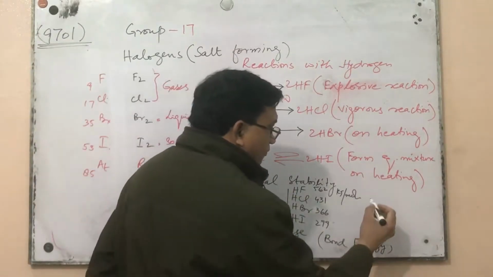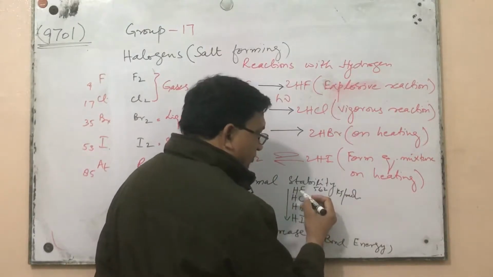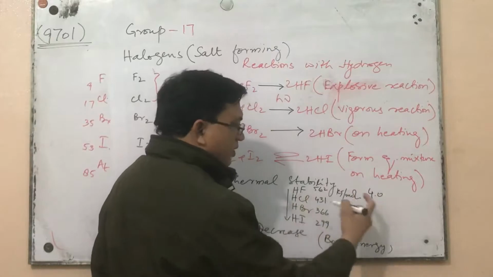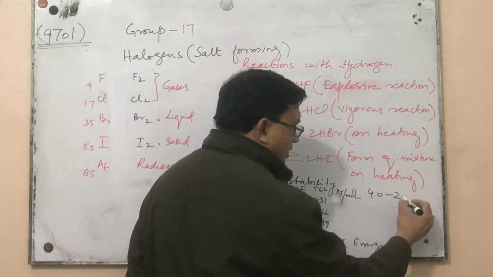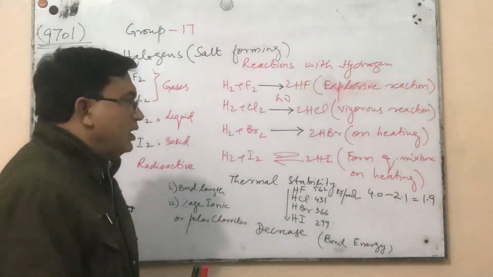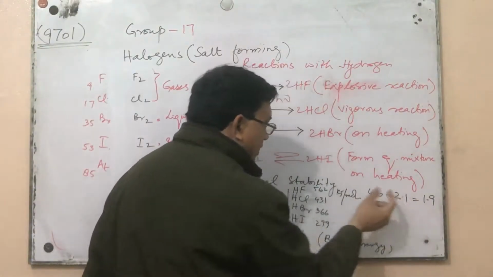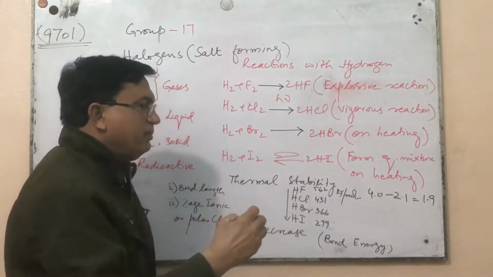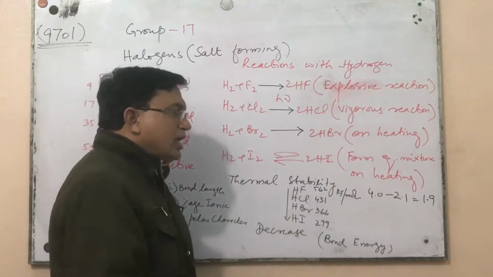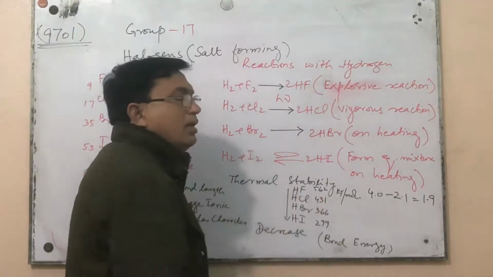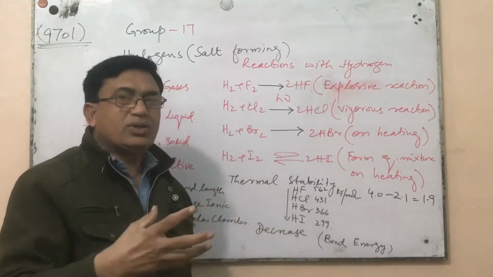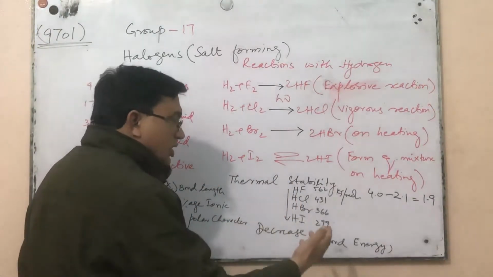In the case of HF, the electronegativity of hydrogen is 2.1, but of fluorine is 4. 4 minus 2.1 is equal to 1.9. It means that there will be a maximum electronegativity difference between hydrogen and fluorine, producing maximum polarity, or rather we can say ionic character, in the molecule, which supplies extra force of attraction between the charges.